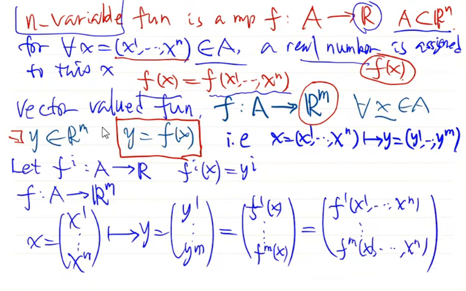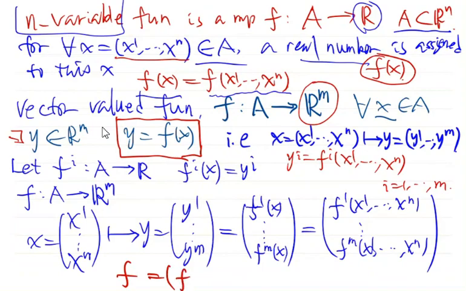Okay. So every yi is a function of x1, ..., xn. This is true for i from 1 to m. So our vector valued function f is determined by all these f1, ..., fm. So we denote f by (f1, ..., fm).